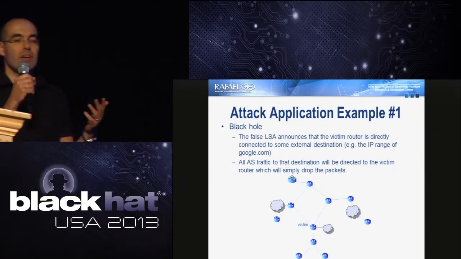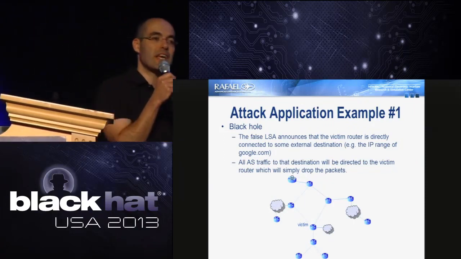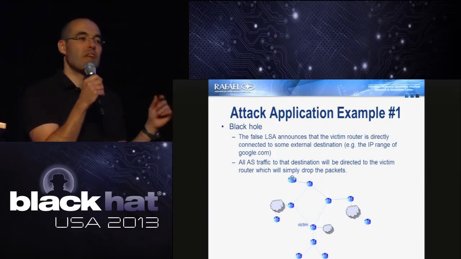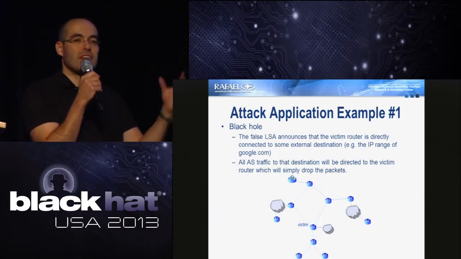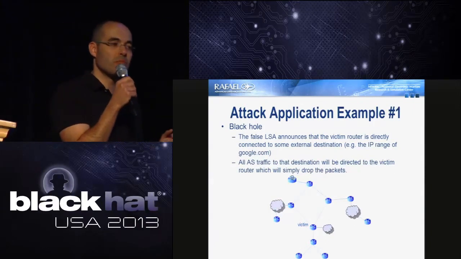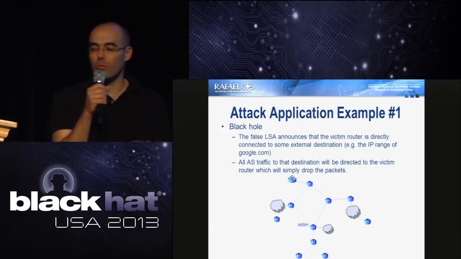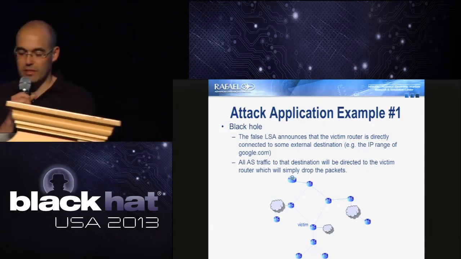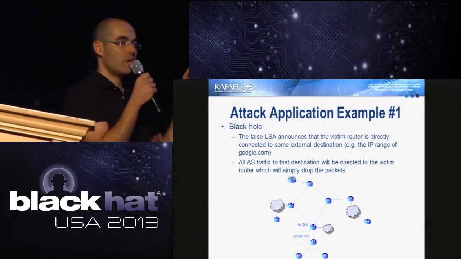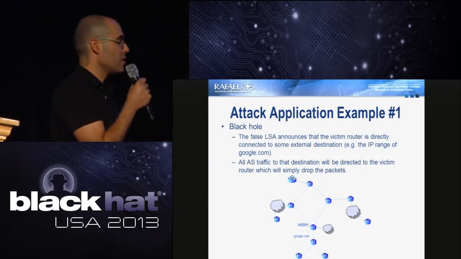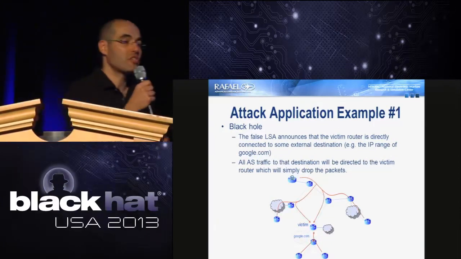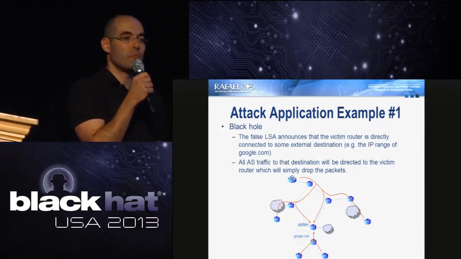It can, for example, send out a false LSA on behalf of the victim router, saying that the victim router is now directly connected to some external destination, for example, the IP range of google.com. And this will eventually make all the packets in the autonomous system be rerouted to the victim itself. And now, since the victim actually has no routing table, of course it will become a black hole.